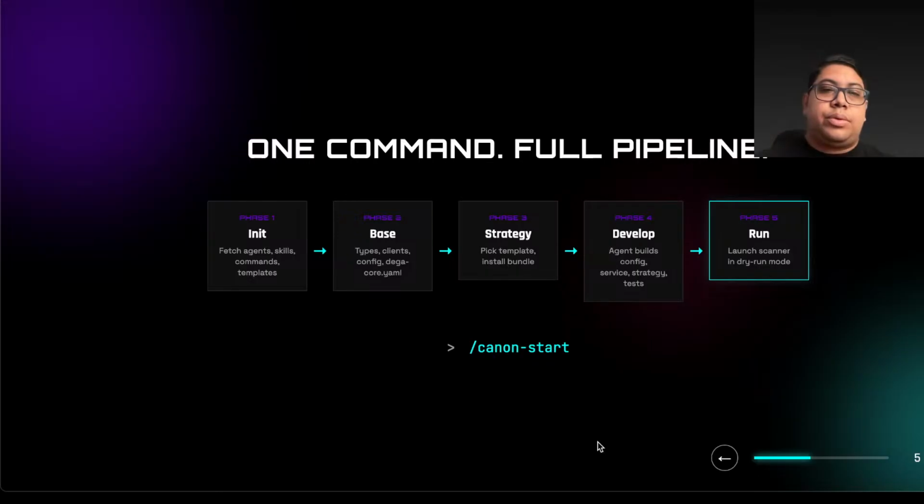So even if I follow the same command and I make the same selection for the category of the strategy, this phase four development section is going to be built in the moment, because it uses the input that we gave in phase three for the strategy selection. And finally, it goes into run, which basically launches the scanner. It's going to be in dry mode.